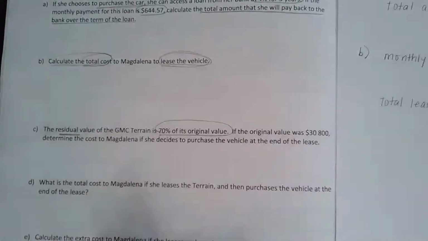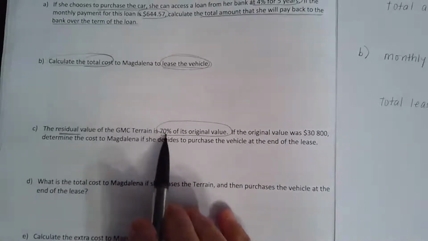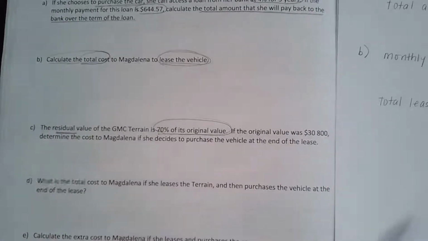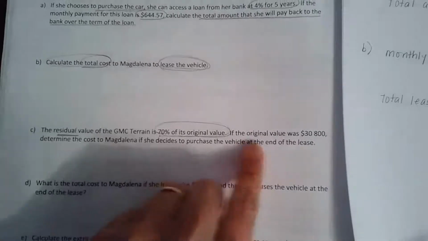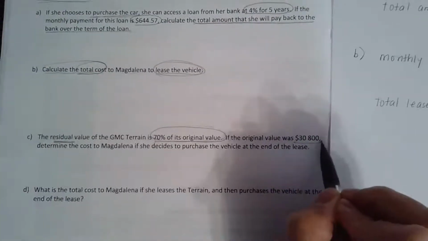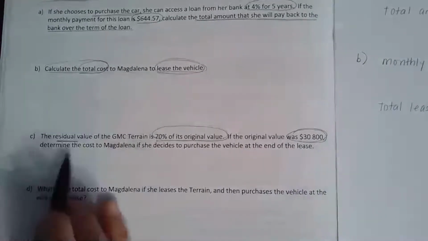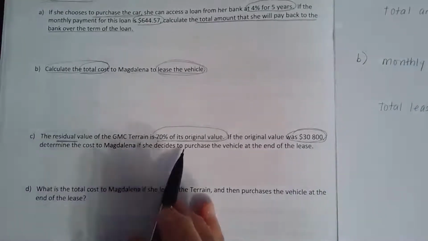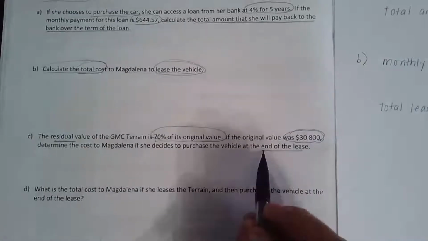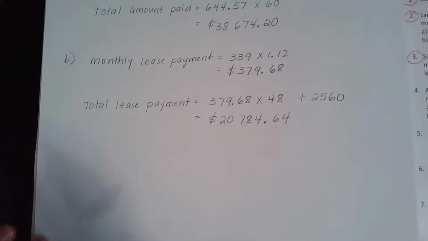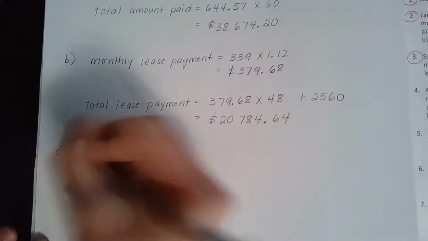We talked about depreciation before, and it's 70% of its original value. If the original value was $30,800, determine the cost to Magdalena if she decides to purchase the vehicle at the end of the lease. So let's take a look at letter C. I'm going to show you here.